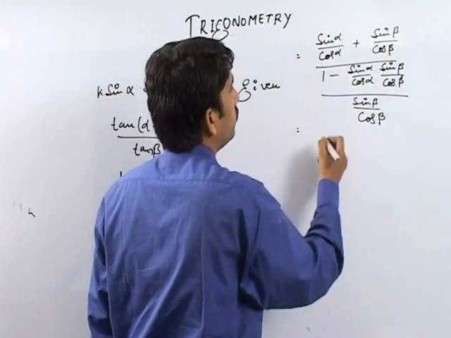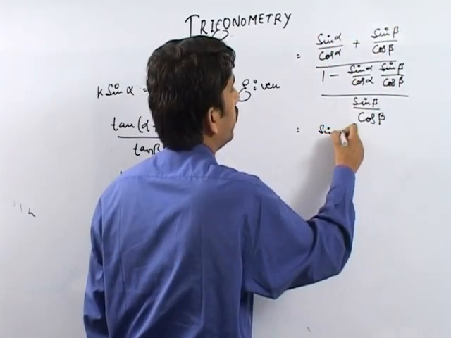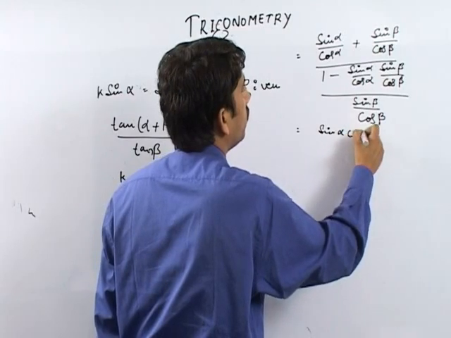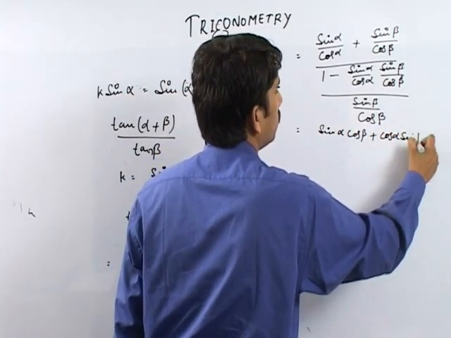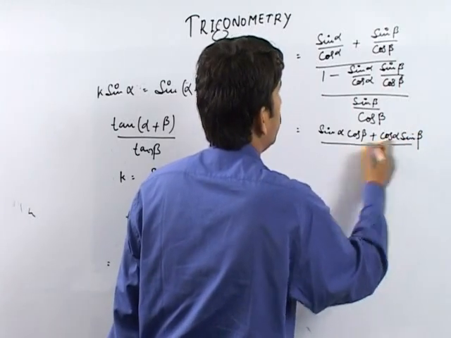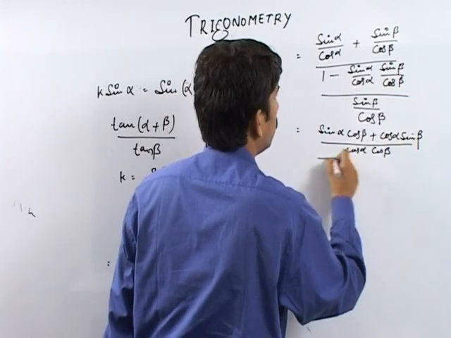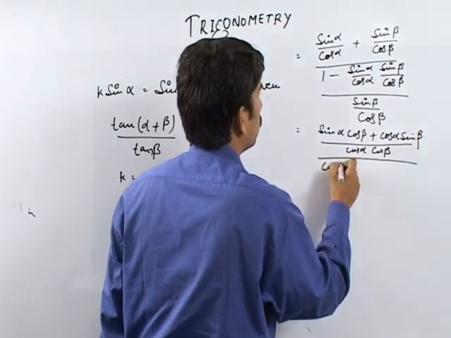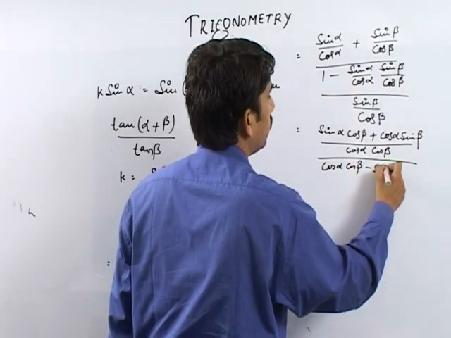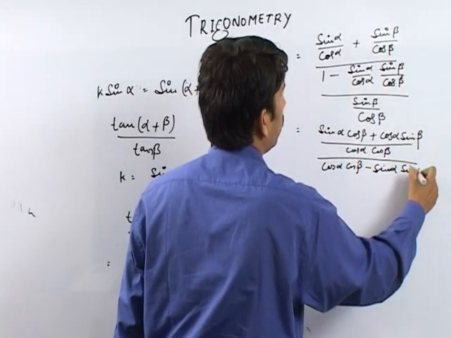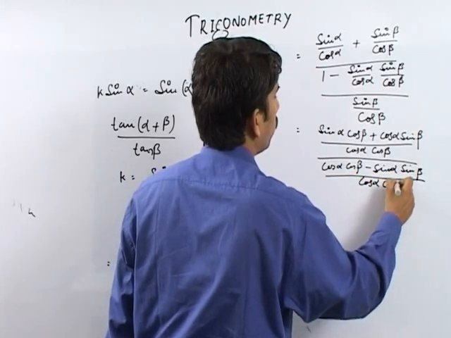Now take LCM and multiplying, you get sin alpha cos beta plus cos alpha sin beta over cos alpha cos beta, whole over cos alpha cos beta minus sin alpha sin beta, and whole over cos alpha cos beta.